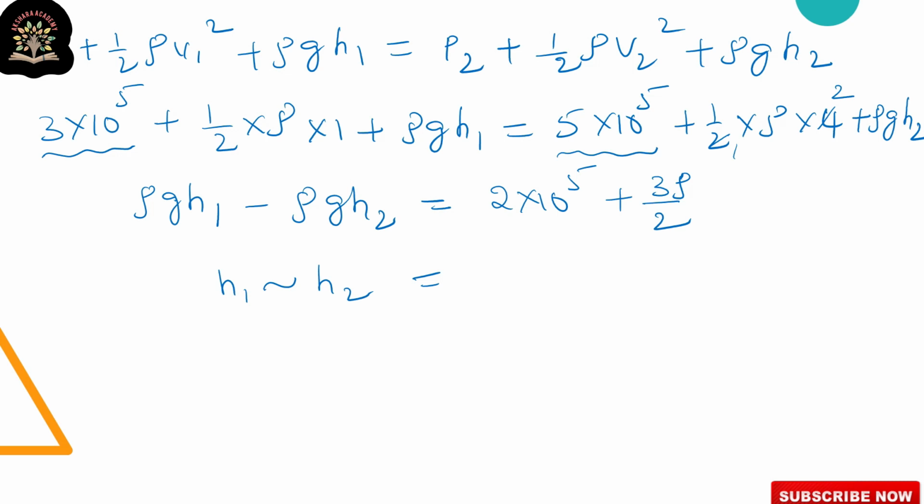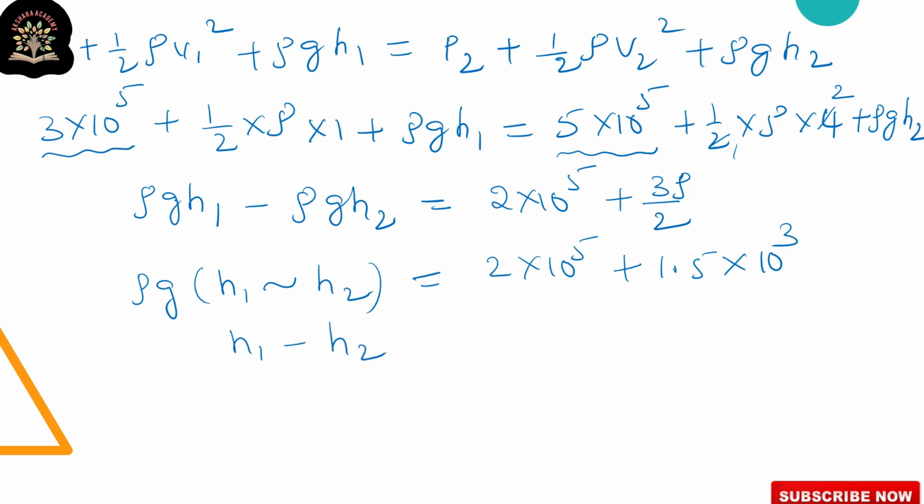Okay, next, H1 minus H2, taking rho g common, we get H1 minus H2 is equal to 2 into 10 to the power of 5 plus 3 rho by 2, where 3 by 2 can be written as 1.5. Rho is nothing but 10 cube.